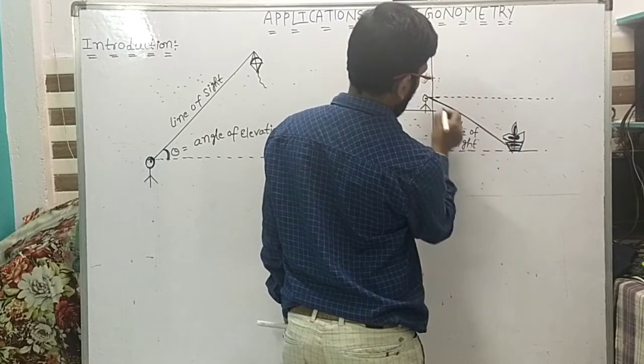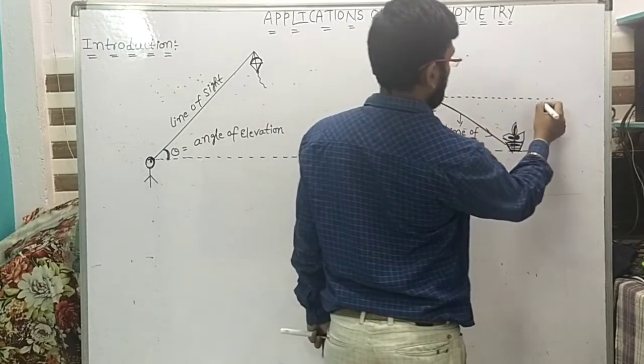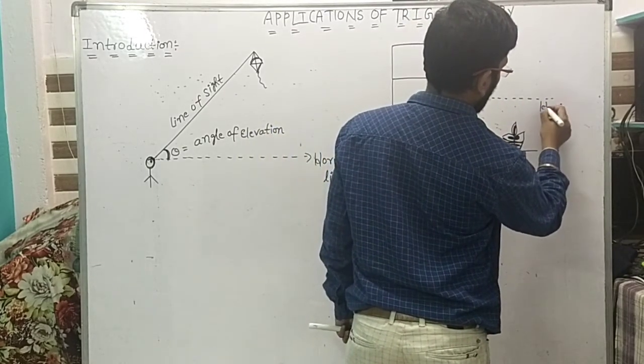She is seeing down. This is the line of sight, and this is the horizontal line.